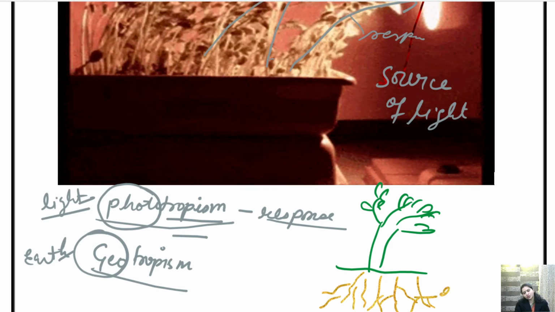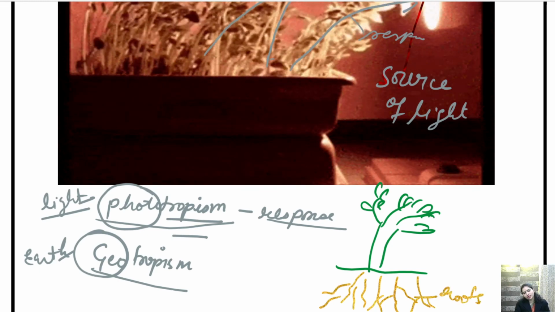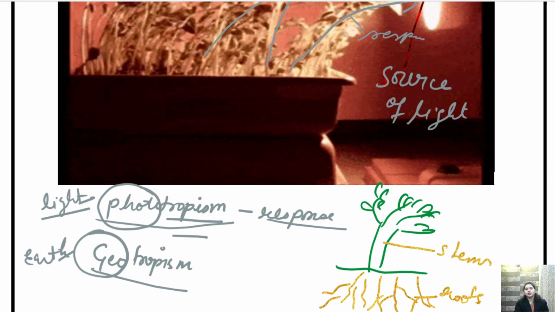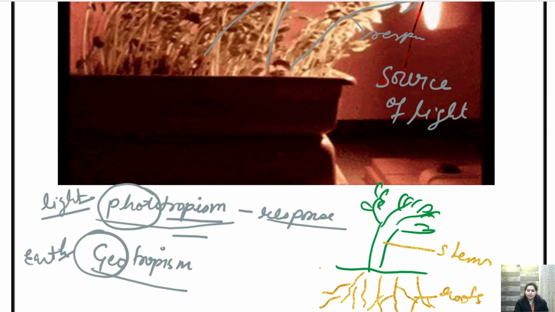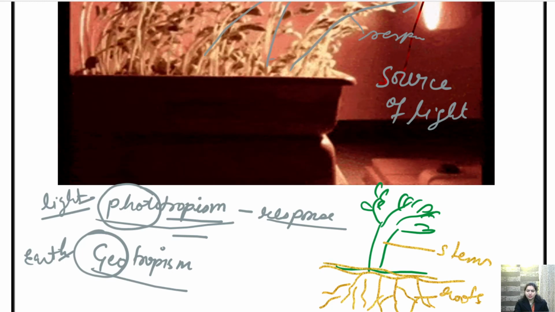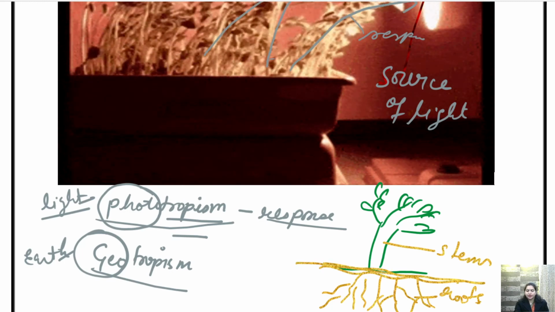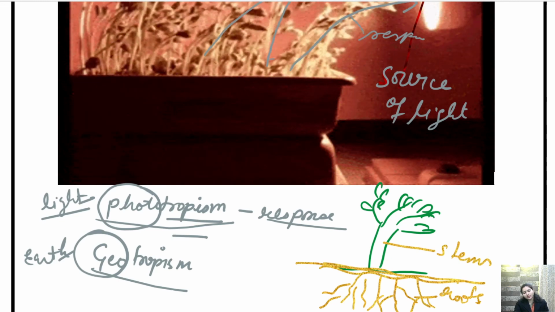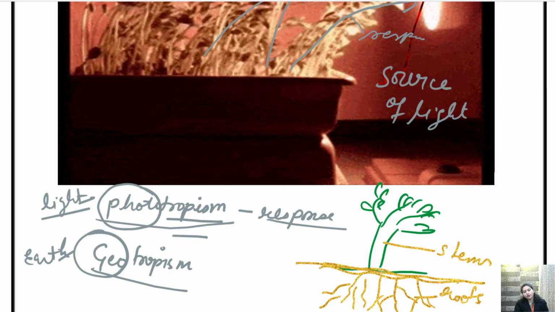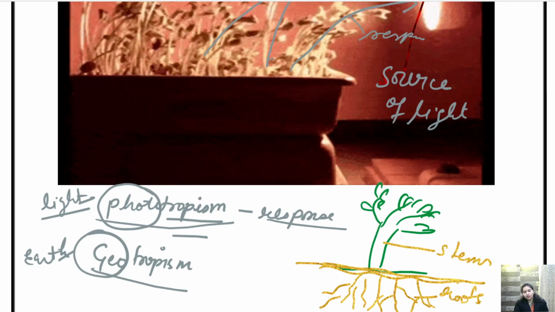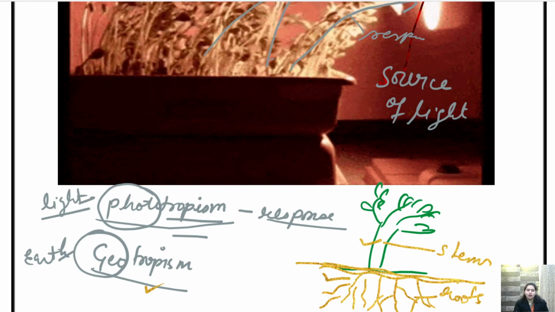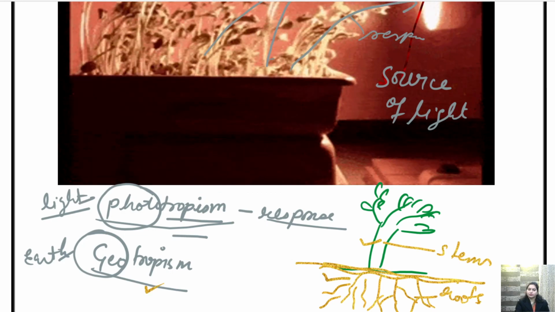The roots grow towards the earth, whereas the stem grows opposite to the earth. This is earth, this is the soil, this is the plain land area. तो root earth की तरफ जा रहा है and stem is moving away from earth. So this response of stem and root is called geotropism.